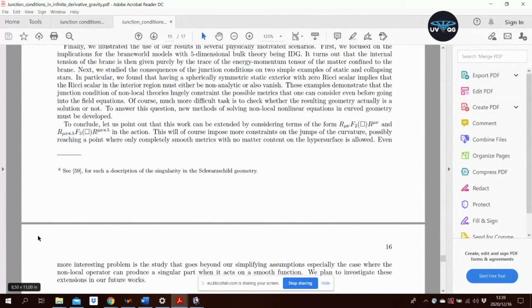And another subject is to study more these non-local theories of gravity, and explore their stability beyond Minkowski, because we know that these kinds of theories can be made ghost-free around a specific background. But since you have functions of the D'Alembertian, which depends on the metric, this is like, no, I cannot say strongly coupled because I have not calculated it, but it depends a lot on the background that you are choosing.